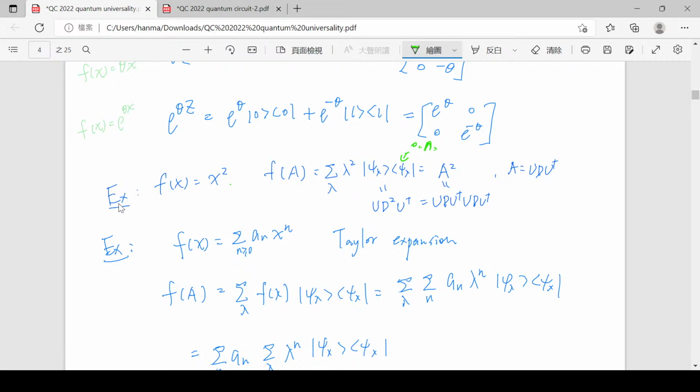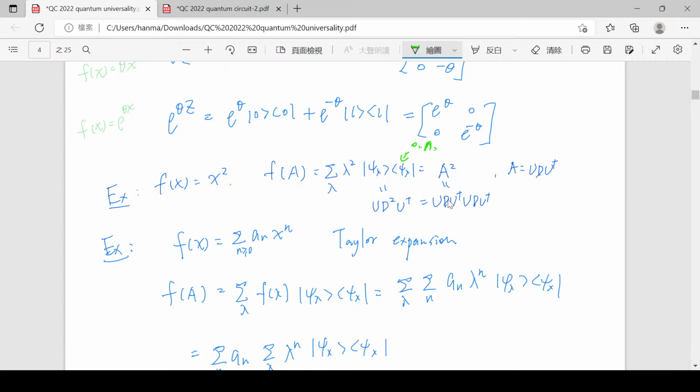Another way to see this is a more algebraic expression. You say A equals some unitary times a diagonal matrix times the unitary dagger. Right? This is another way to see diagonalizing your matrix.